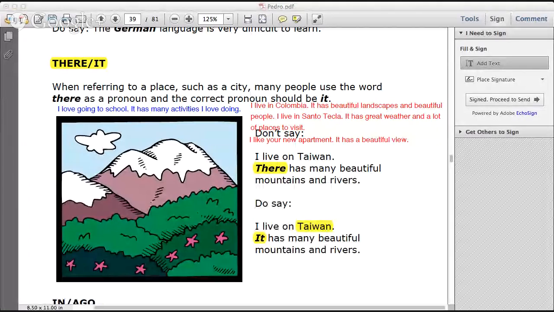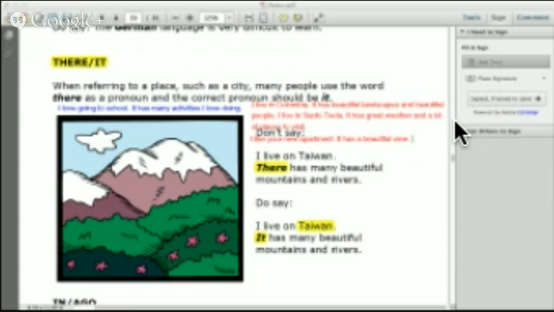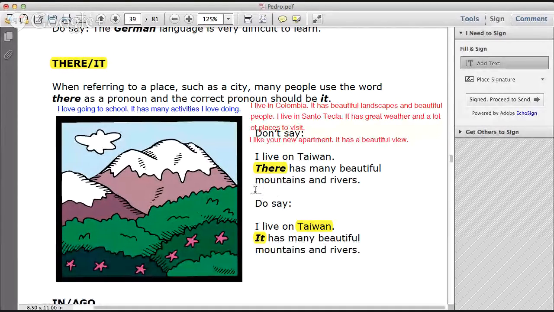Okay, and let's go to Javier. Yes, I live in Mexico. It has a great place. Great for what? Places like Xochimilco. Okay.